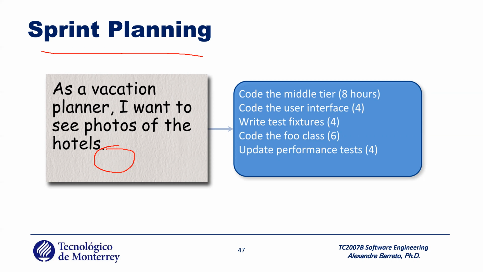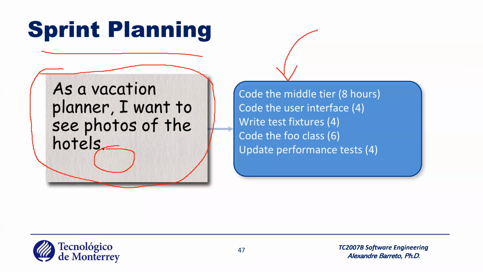But now I have the what and who, so I can create the tasks. To implement this user story, what do I need to do? First, I need to code the media tile. I need to code the user interface. I need to write the test fixture. I need to code the full class. I need to update the performance test. Did you see it?